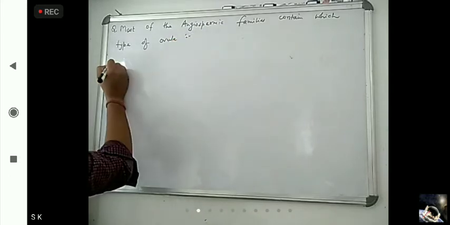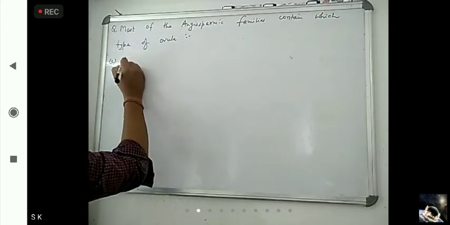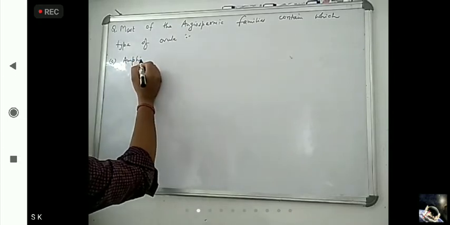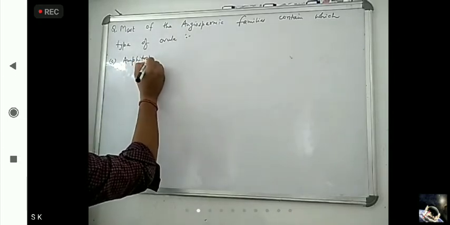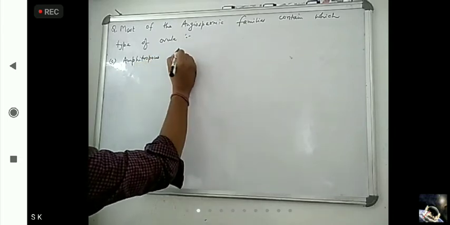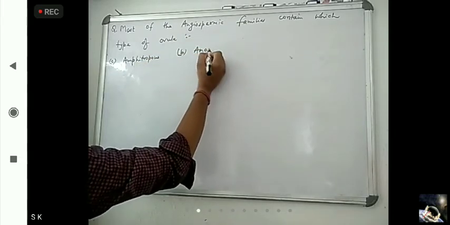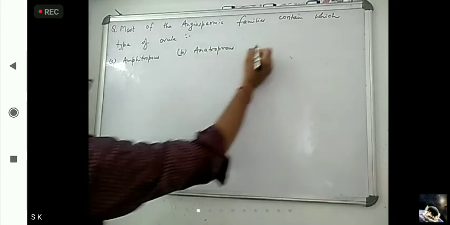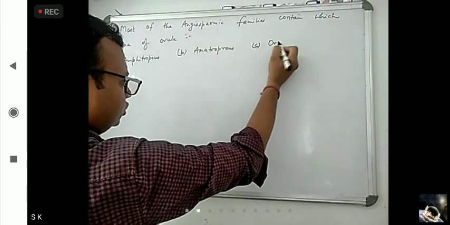What we discussed? First is Amphitropous. Next is Anatropous. Next is Orthotropous.